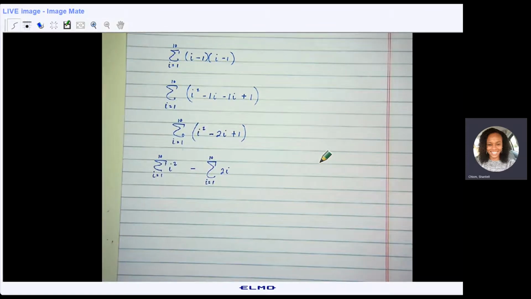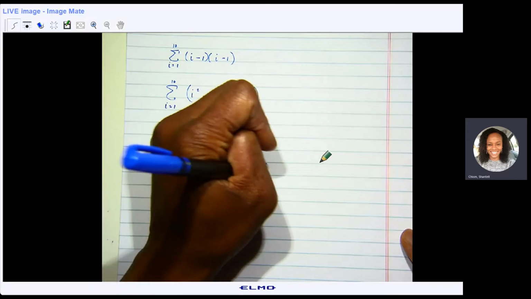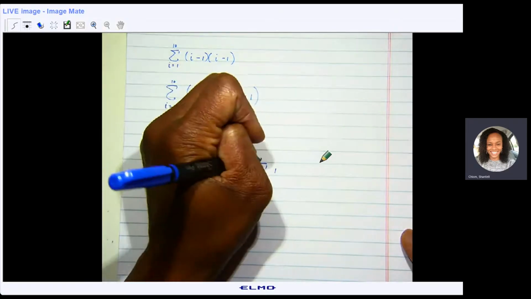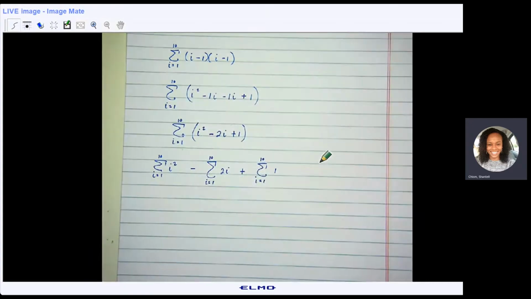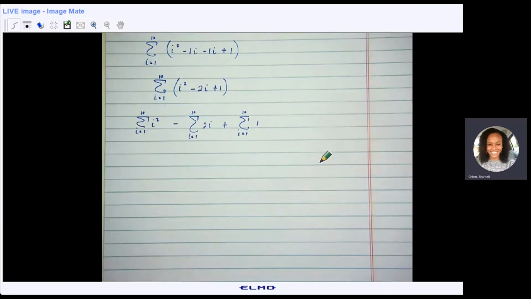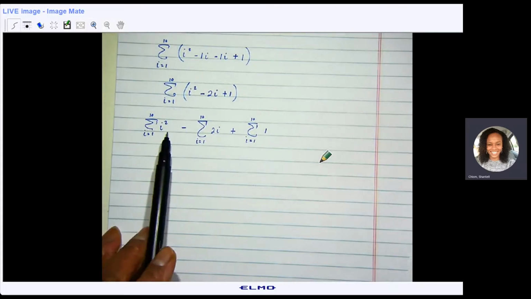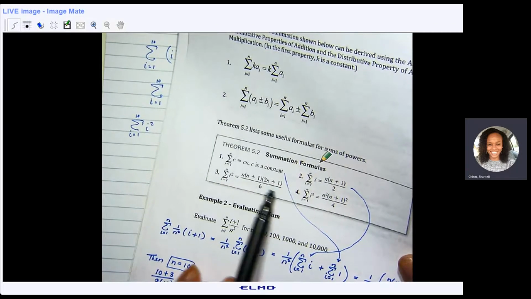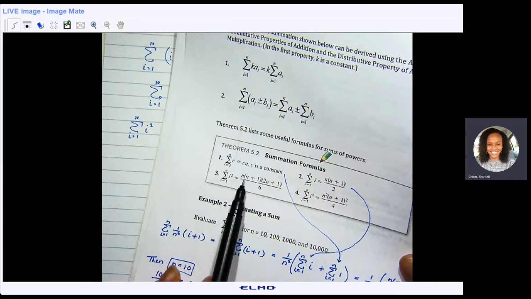Okay, so summation from 1 to 10 for i squared minus summation for 2i from 1 to 10 plus the summation for 1 from 1 to 10. All right. And then we're going to think about those summation formulas, keeping them in mind. So for i squared, we do have a formula that allows us to simplify that without a summation symbol.